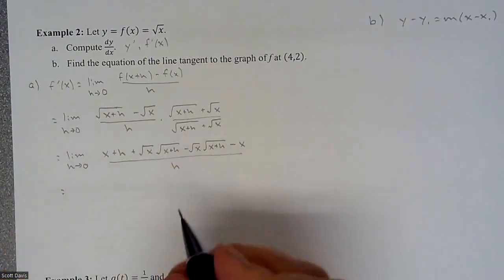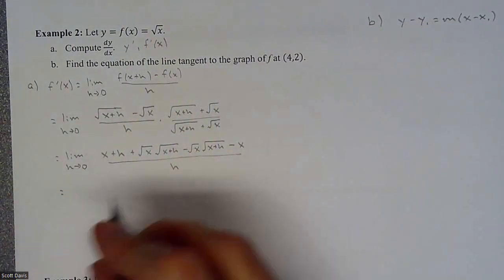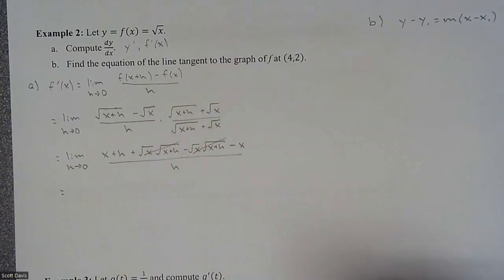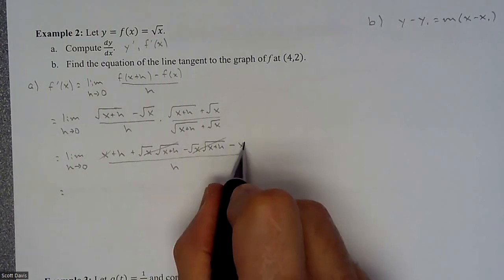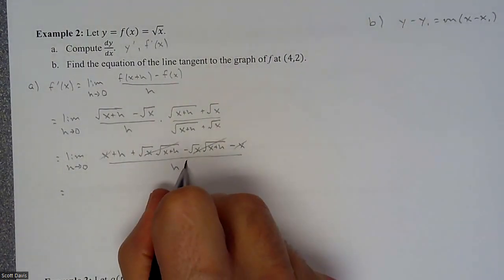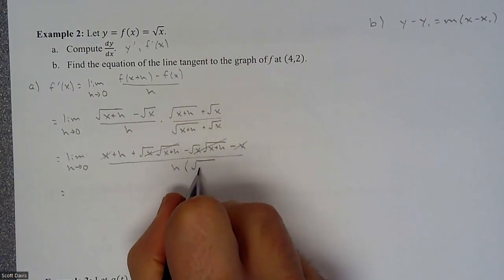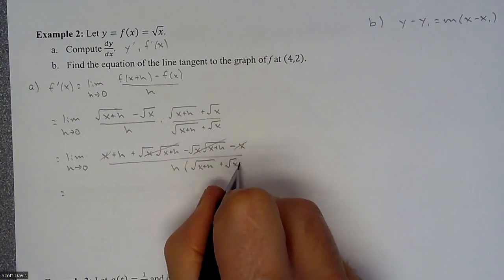So a little messy. But what should happen right here is a lot of cleanup should happen. So those will go away. Perfect. That's the conjugate did that. And then you had an x canceling with the negative x. So you really just end up with, oops, let's put the bottom in there. Square root of x plus h plus square root of x. Right?